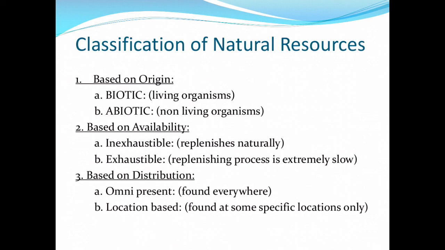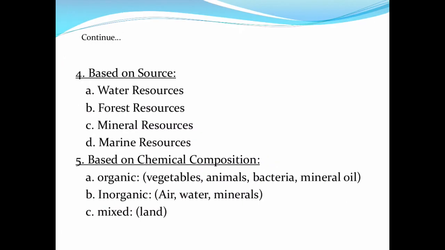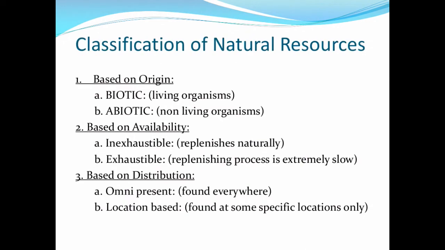Natural resources are classified based on origin, availability, distribution, and source. Okay, so now we'll go for origin. As we discussed at the start, based on origin there are two types: biotic and abiotic. Biotic comes under living organisms, and abiotic comes under non-living organisms.